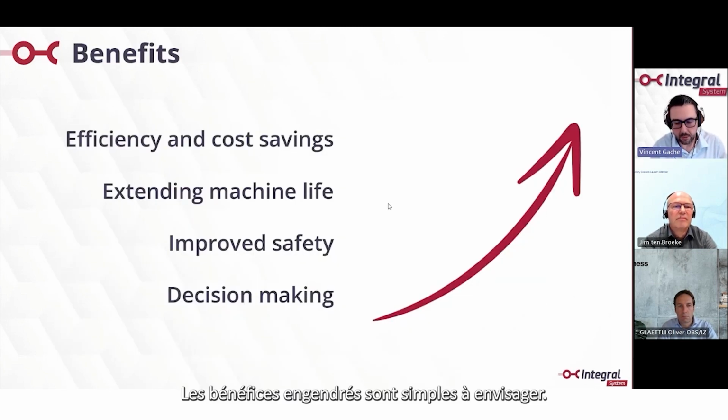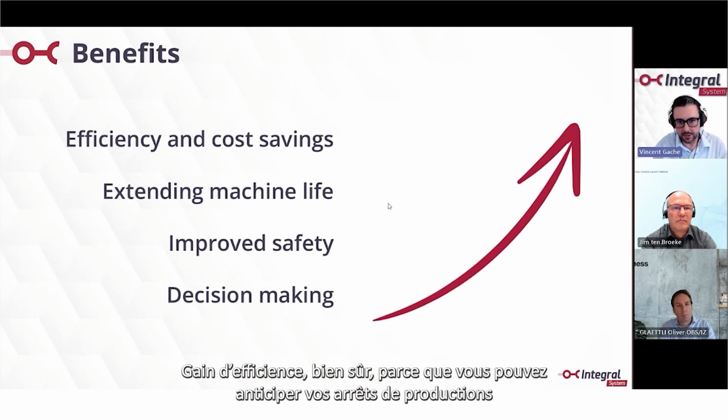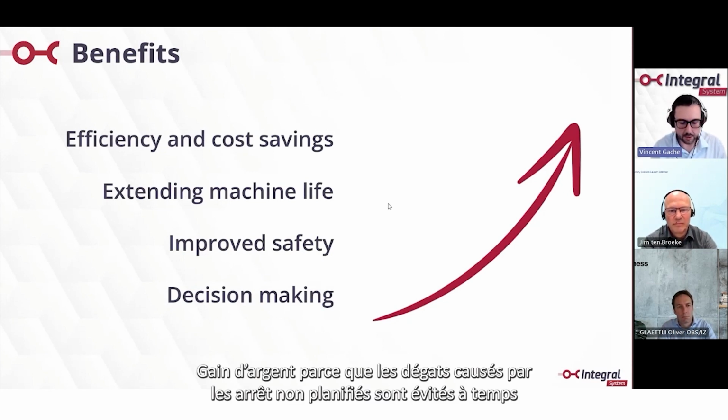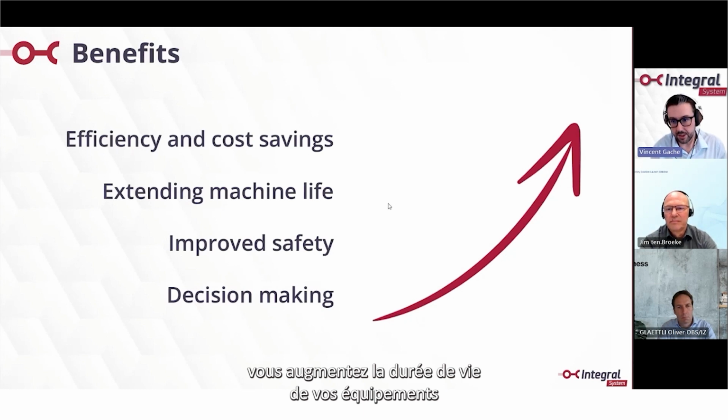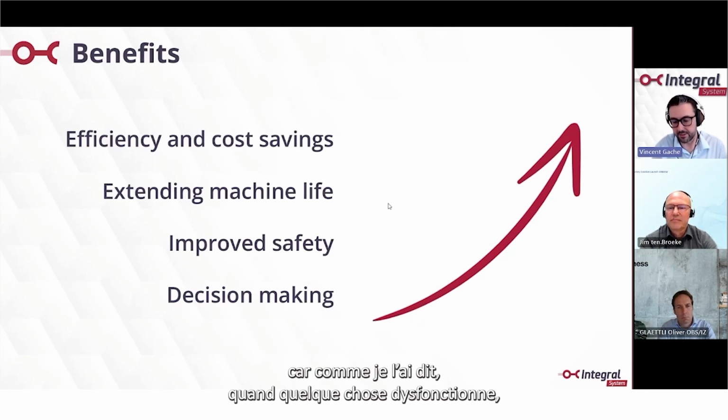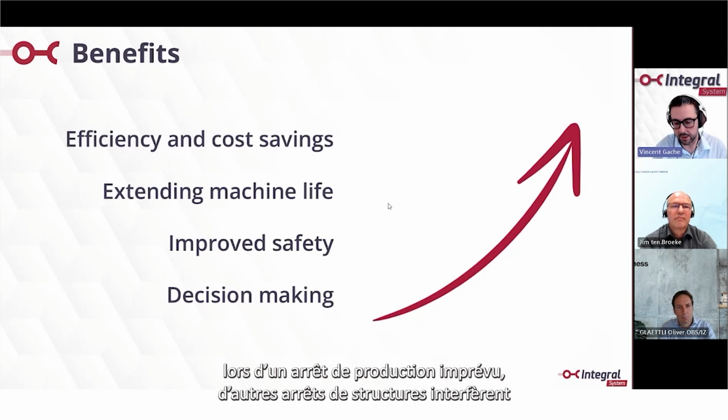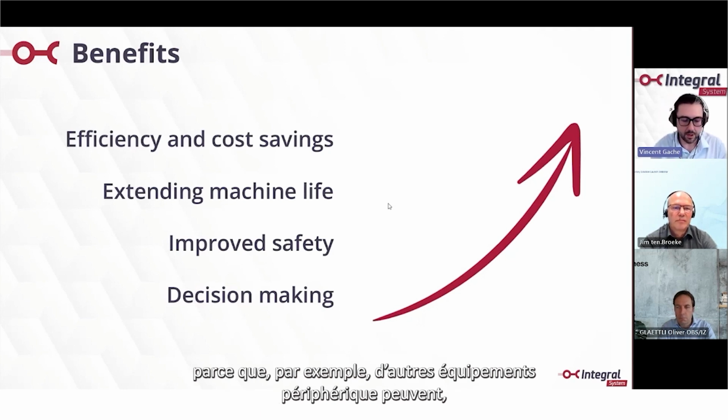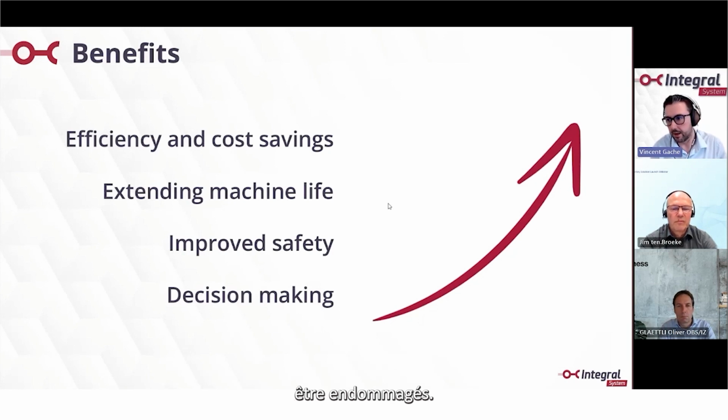The benefits are very simple also. Efficiency, of course, because you reduce your unplanned downtimes. Cost saving, because of course you are saving on those unplanned downtimes. You are extending machine life because, as I mentioned, when something is going to go wrong, when you have unplanned downtime, usually you have even more downtime because some, let's say, side equipment can be broken by this.